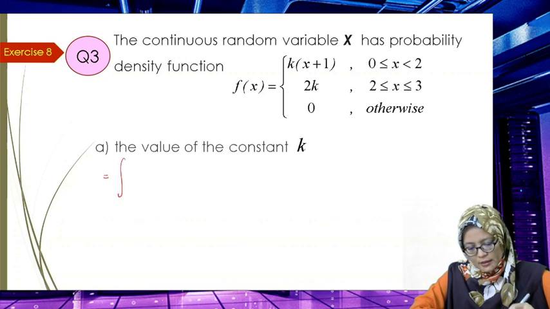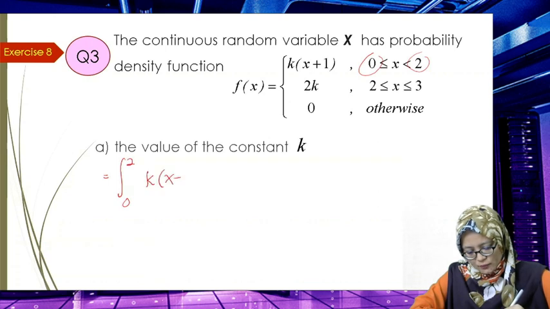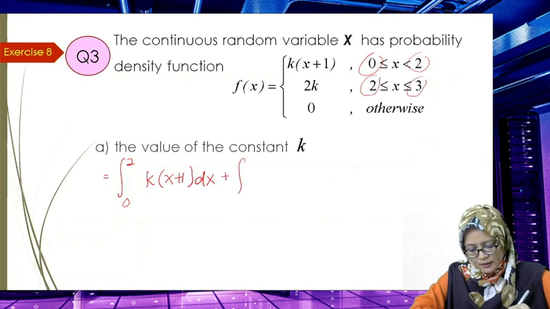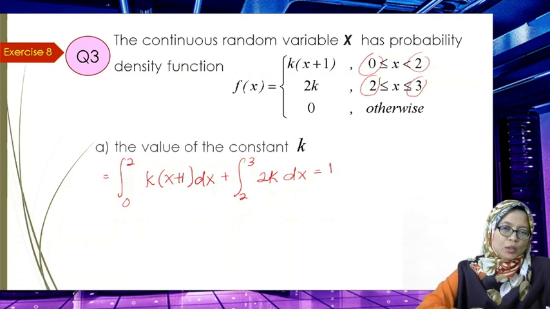Okay, so ini integrate from 0 to 2 for the function k x plus 1 dx plus integrate 2 to 3 for function 2k dx. So must be equal to 1. So kena equalkan dengan 1.